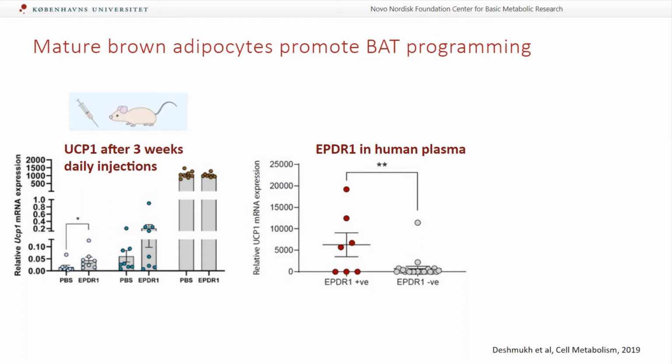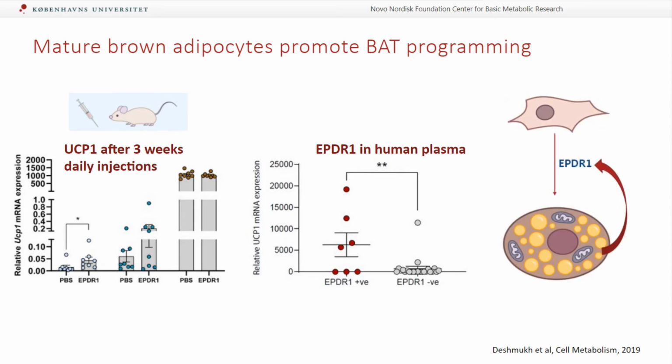And here we couldn't detect it in all samples, but in the samples that we could detect it in, we could see that these subjects had a higher expression of UCP1 in their brown fat. So there's definitely an association between EPDR1 and thermogenic phenotype.